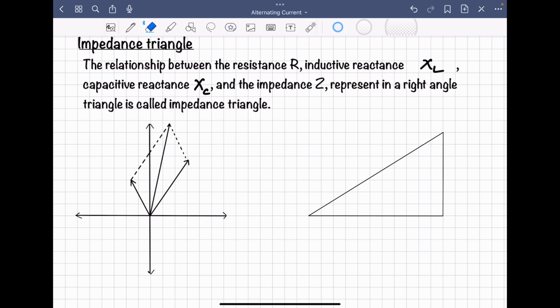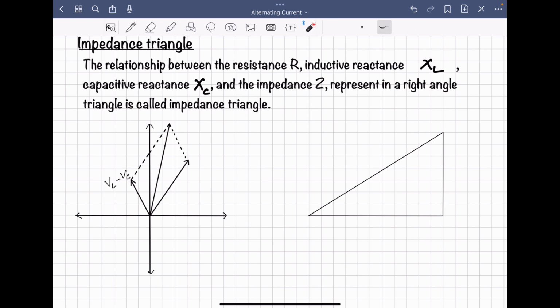In the series LCR circuit phasor diagram, we have this type of diagram, yes or no? Then along this direction, we have VL minus VC. First, just write that down. VL minus VC.